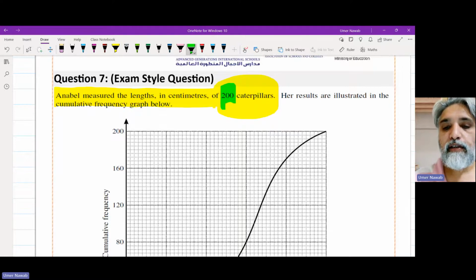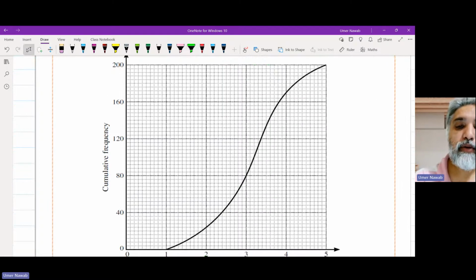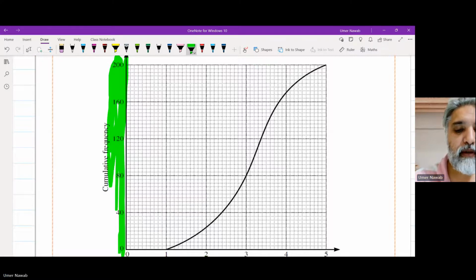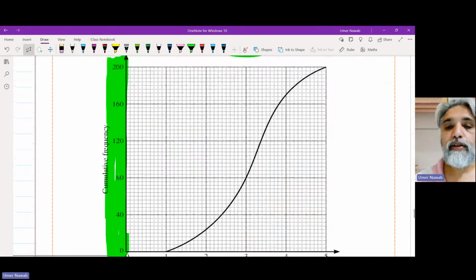Guys, in the final exam, when you see any cumulative frequency curve, you have to check how many total values you have: 200. So I have to show those 200 values here vertically. They must be labeled here, and you need to check that every box is representing how many units vertically.